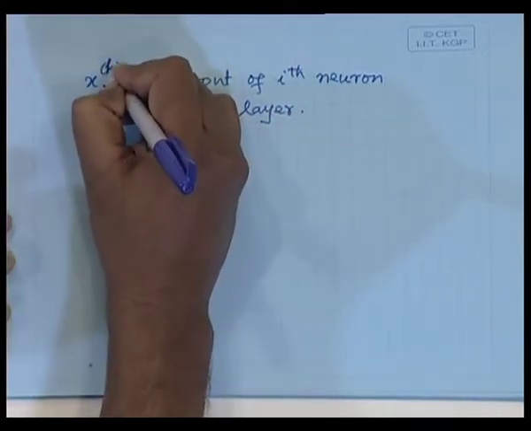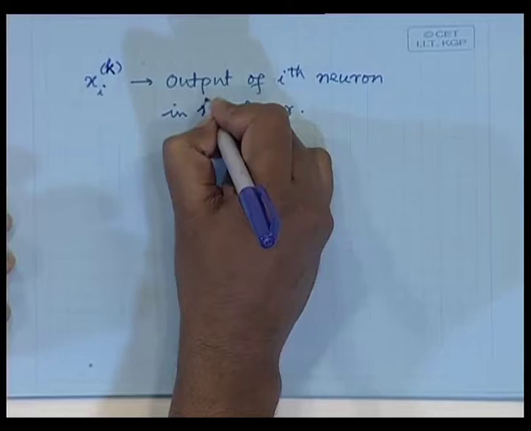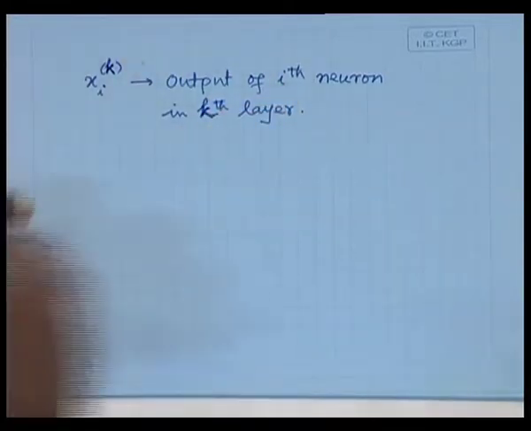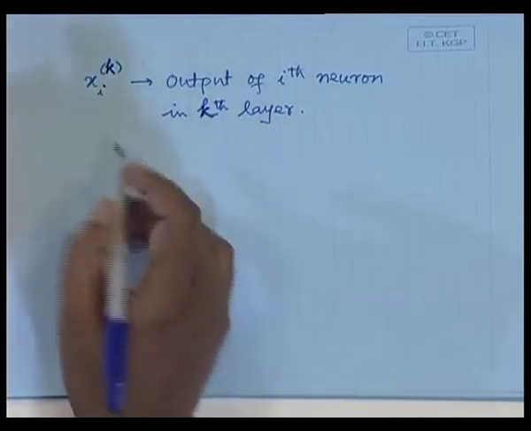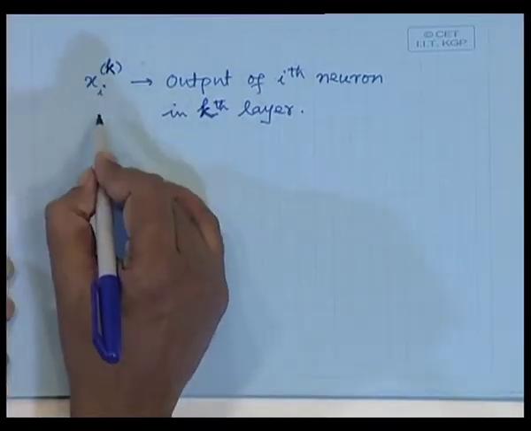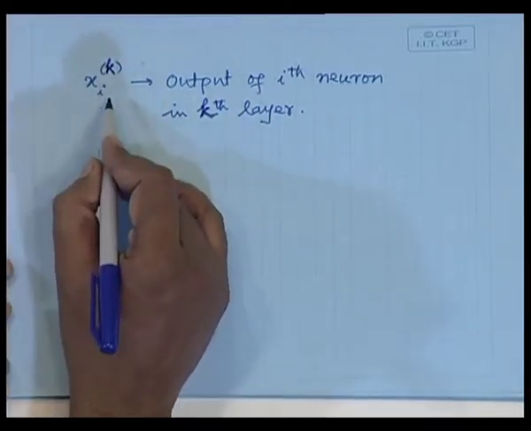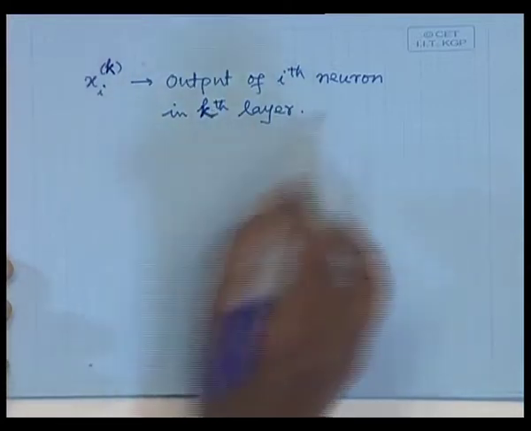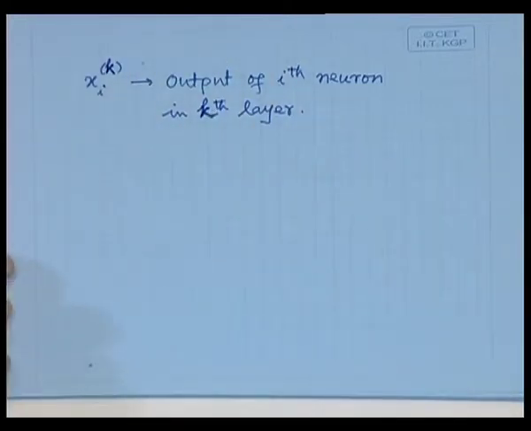Let me put it as lowercase k, so that it is a variable, and we have said that capital K is the number of layers. So, x_i^k, with k as superscript and i as subscript, represents the output of the ith neuron in the kth layer, and obviously this output is fed as an input to a node in the (k+1)th layer.